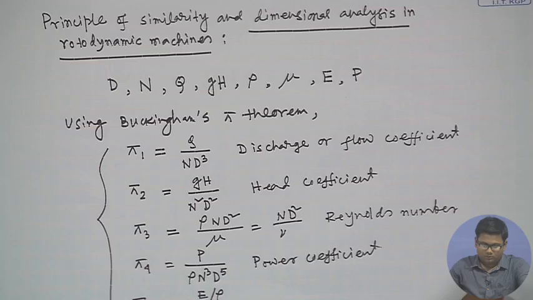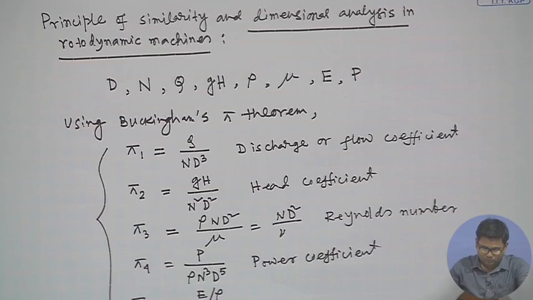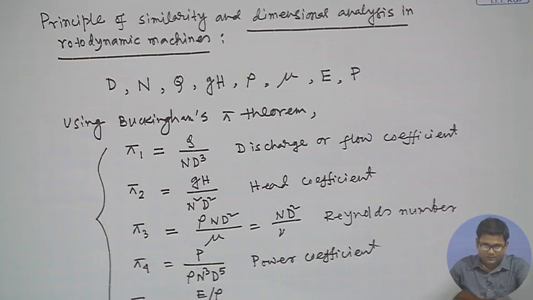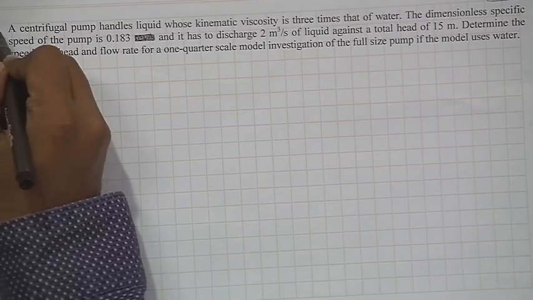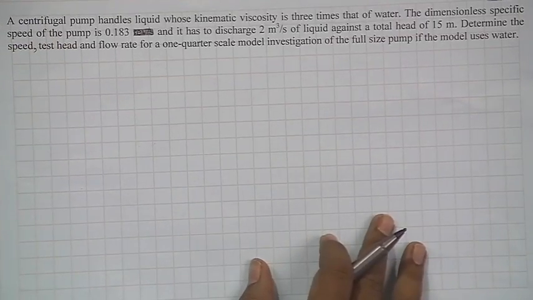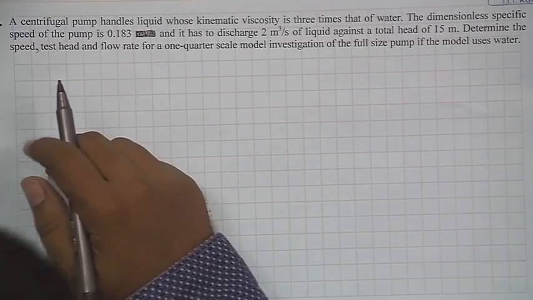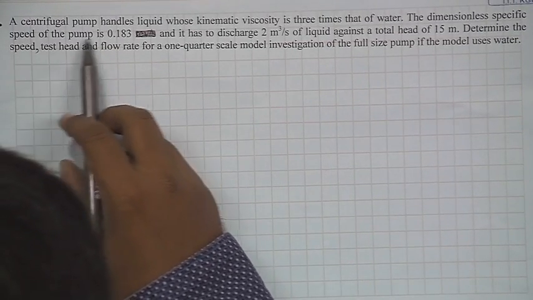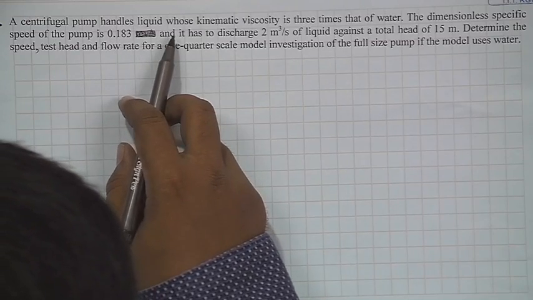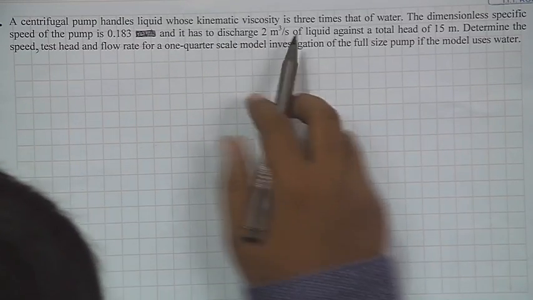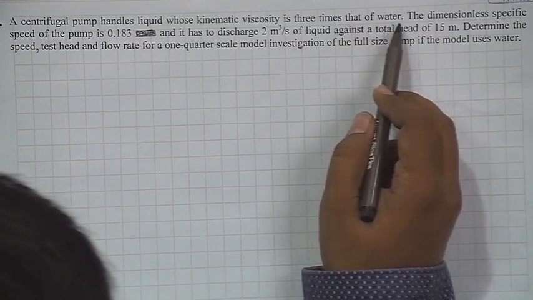Now, I am going to solve 2 problems related to this principle of similarity, and the first problem is related to one centrifugal pump. So, let me just read the first problem. A centrifugal pump handles liquid whose kinematic viscosity is 3 times that of water.